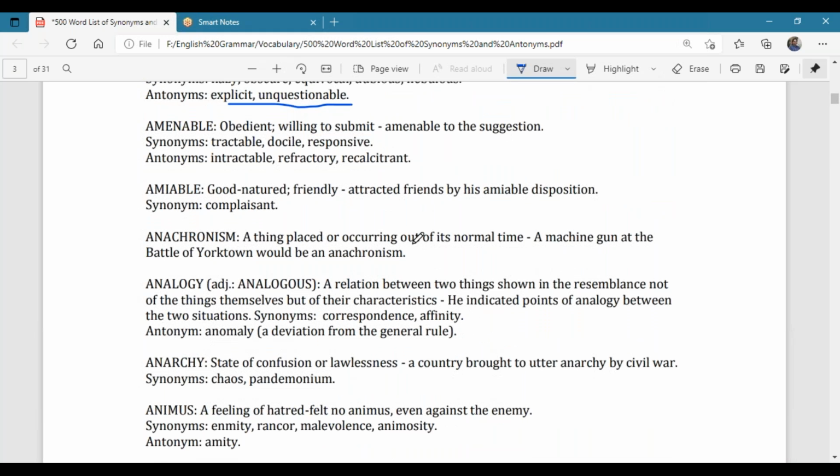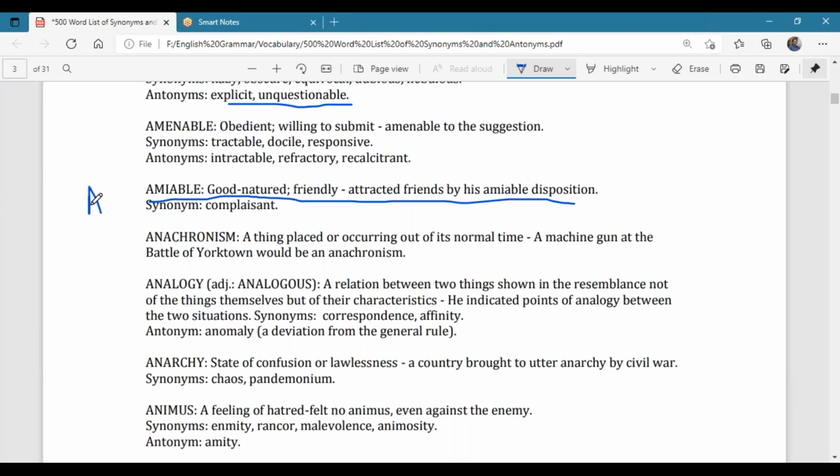Next one, amiable. Amiable in the sense good natured, friendly. Amiable is also an adjective.